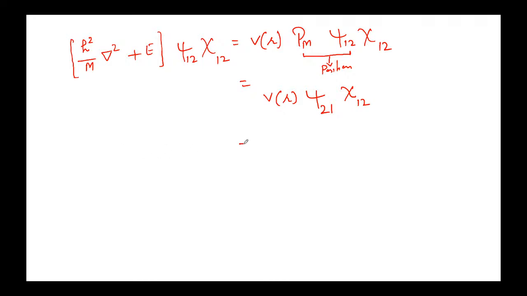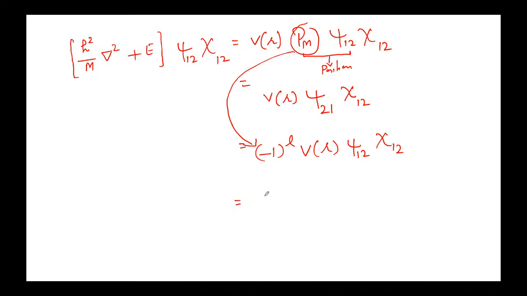Or you can also write this term as minus 1 to the power L times V(r) psi 1 2. So putting the value of PM in this operator, we get this equation. It is different for different values of L. So that is, there is attractive force.